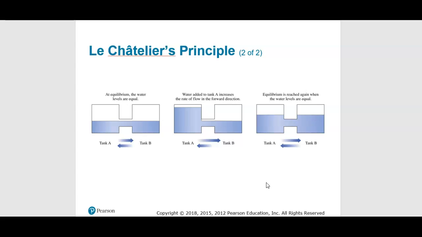So what happens, as you probably would guess, is that the level of water is going to be the same in both of the tanks. It makes sense. That's nothing that would surprise you.